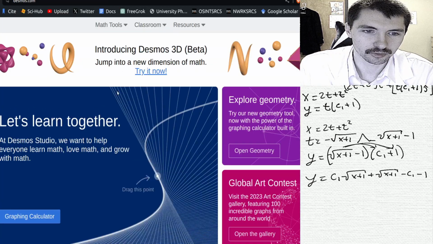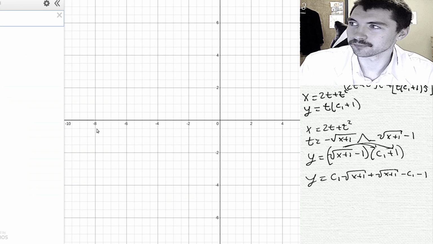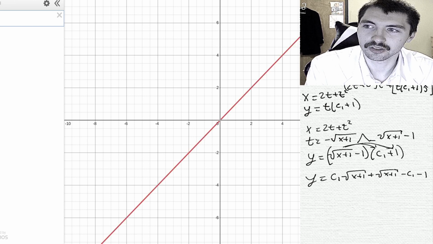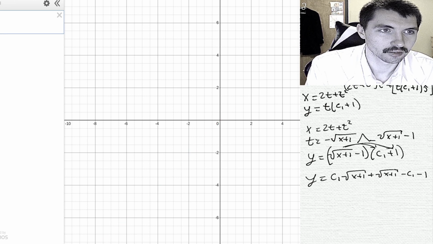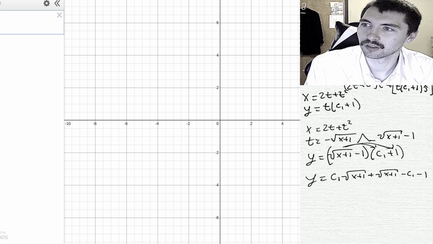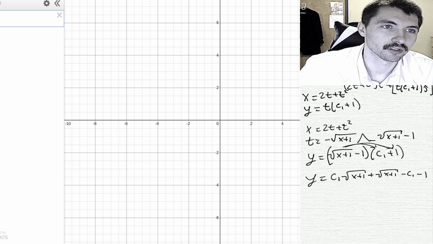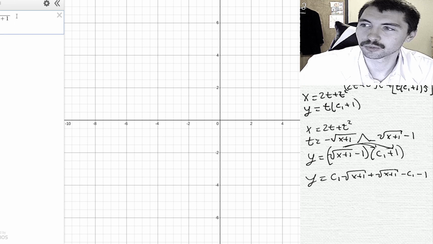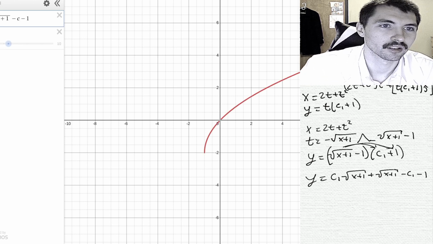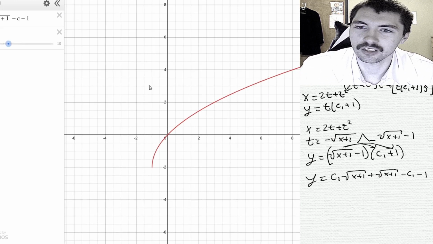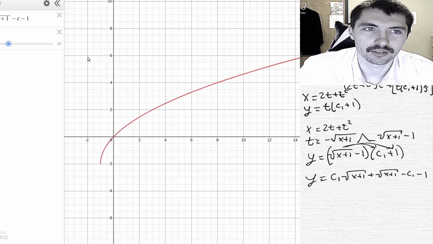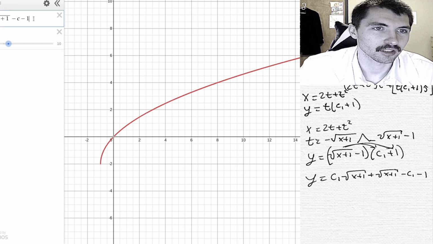We will try it. Okay. y is C times square root x plus 1 plus square root x plus 1 minus C minus 1. Okay. At C is 1.